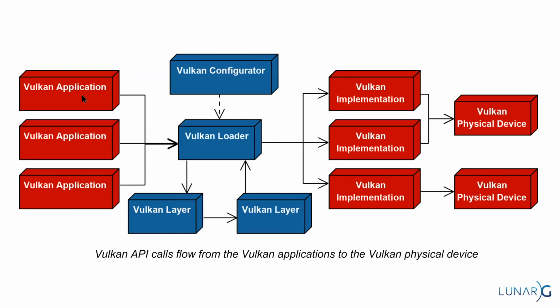There are as many Vulkan applications as possible that make API calls that go to the loader. If some layers are configured using Vulkan Configurator or a different approach, the calls go through the layer chain, and then we call the selected Vulkan implementation. The calls go to the Vulkan implementation and then to the device.